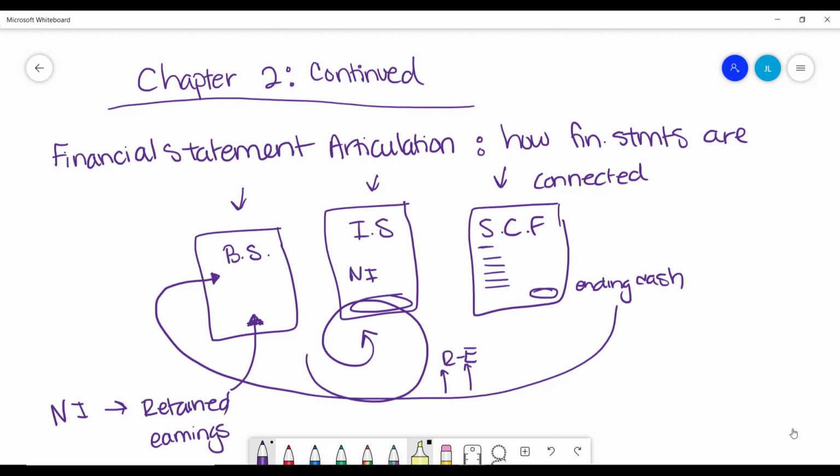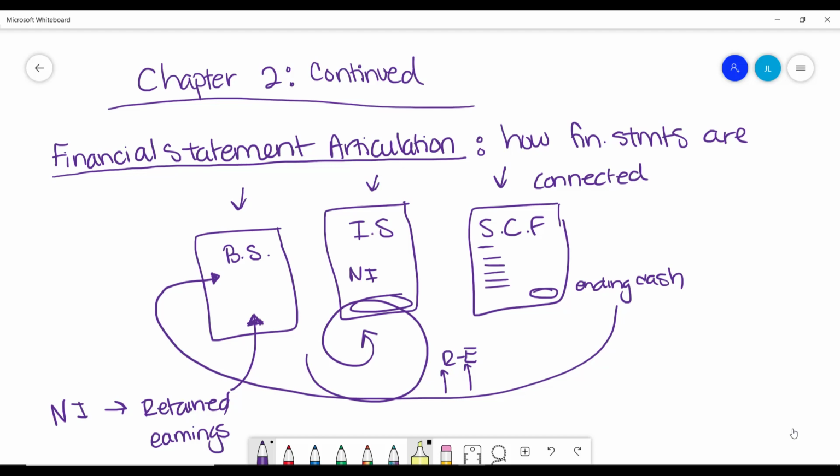Okay, so when I ask you about financial statement articulation, what that actually is, the answer should be, it refers to how all our financial statements are connected with one another. None of these financial statements stand on their own lonely island by themselves. The information used to set up these statements all come from the same source, and they're all connected.